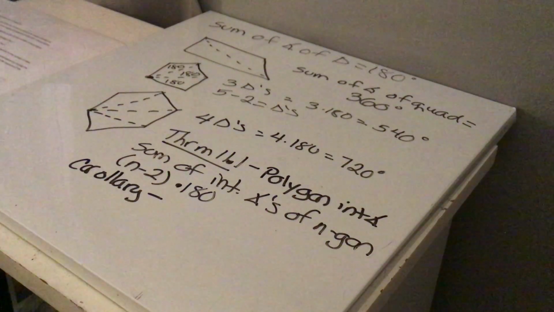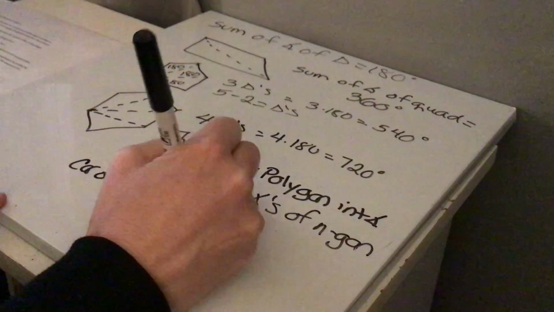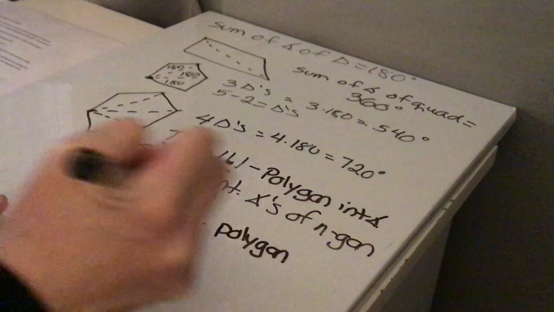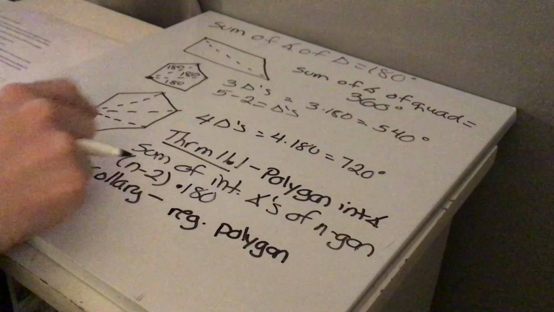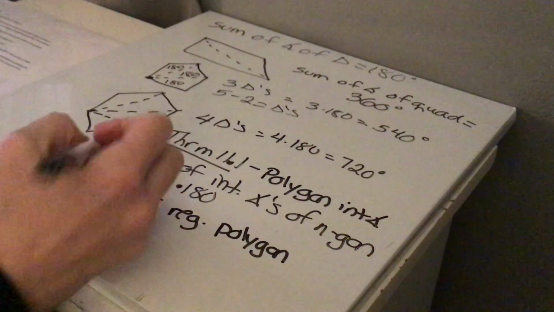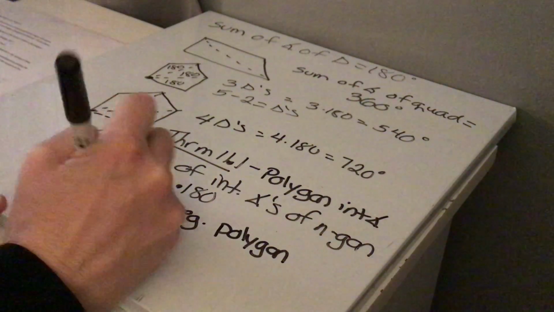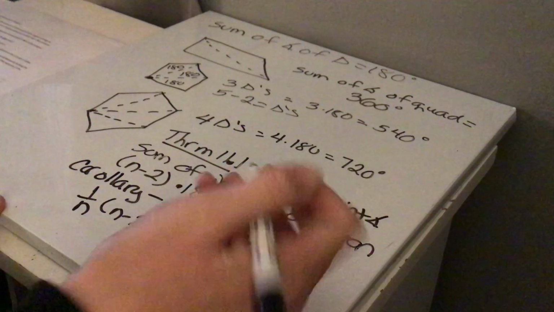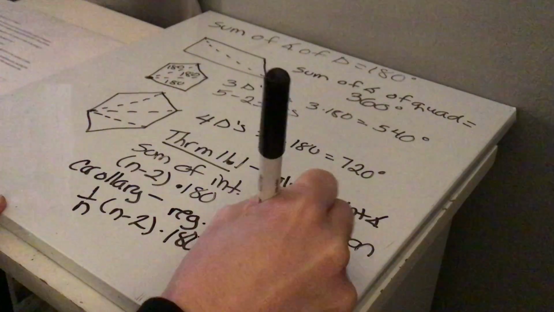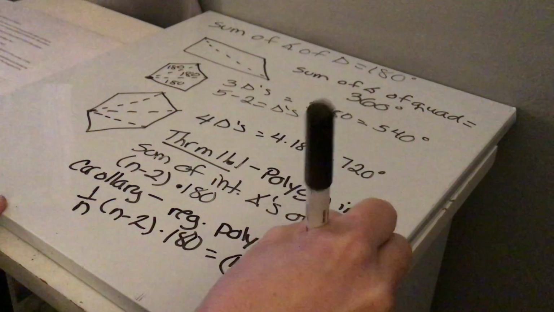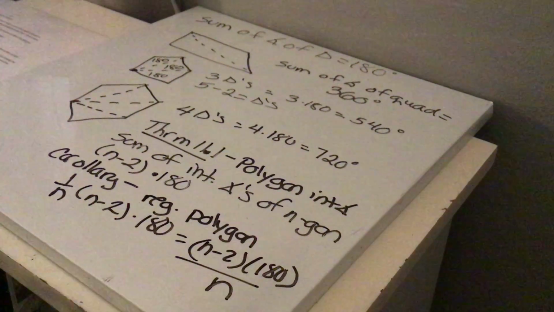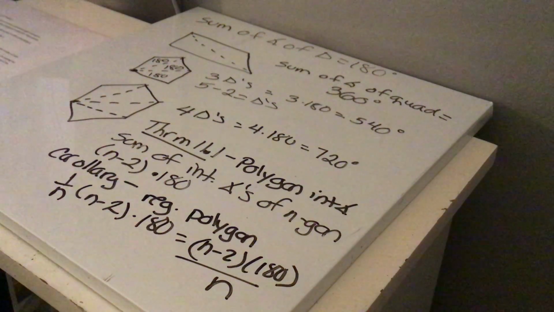Okay, then the measure of each angle is going to be the total divided by how many angles there are. So 1 over n times n minus 2 times 180. Or you could rewrite that as n minus 2 times 180 divided by n. And that works for a regular polygon.